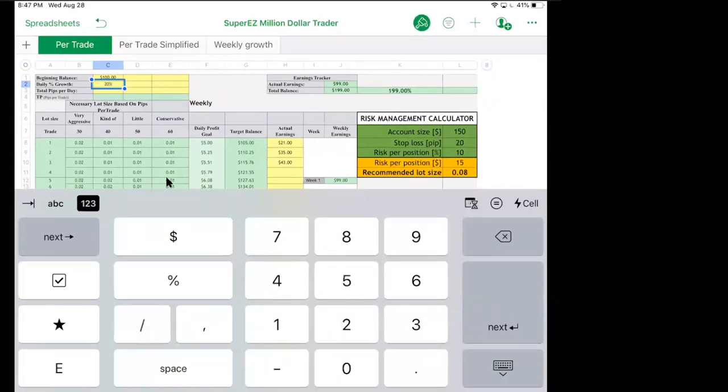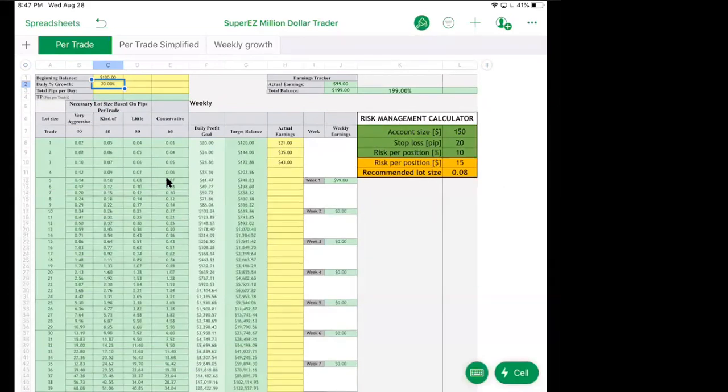So the 20% and the 100% is our balance and our risk at this point in time. Now our daily profit goal is based off of 1,000 to 1 leverage, correct? Or is it based off of 2,000 to 1 leverage?